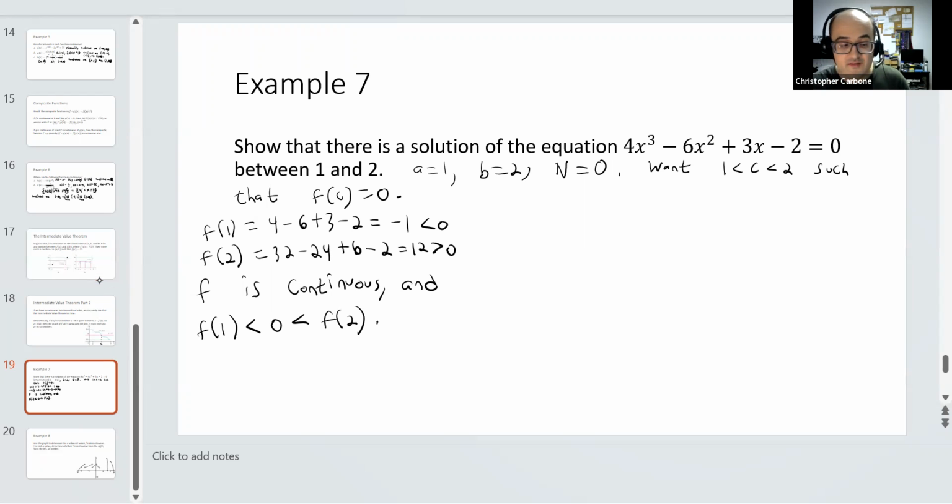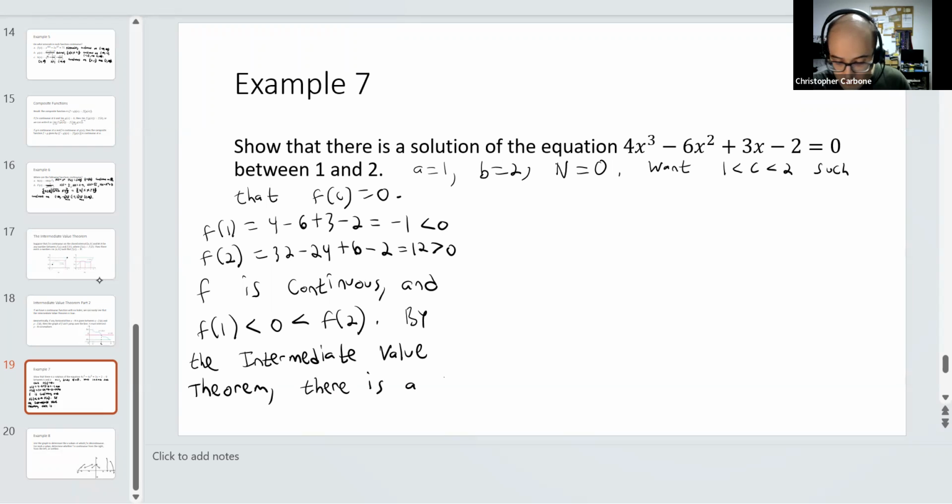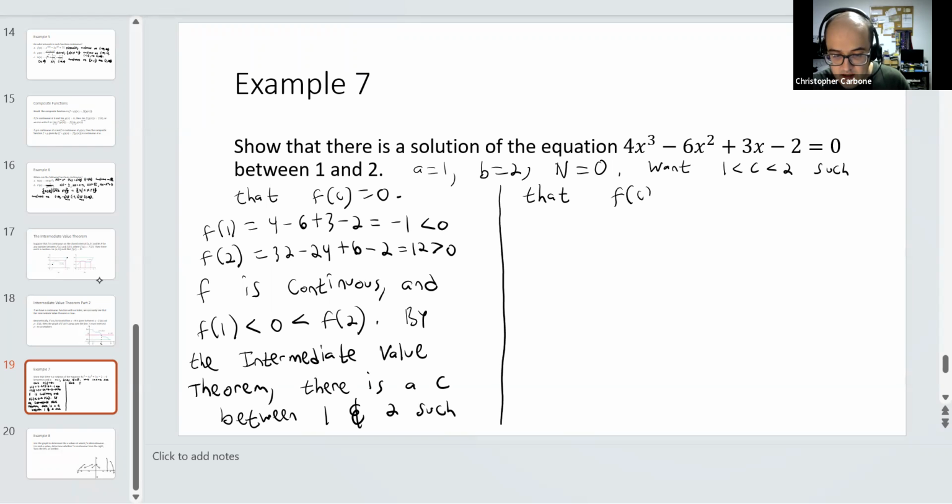So by the intermediate value theorem, we know that there is a c between the values of 1 and 2 such that f of c is equal to 0.